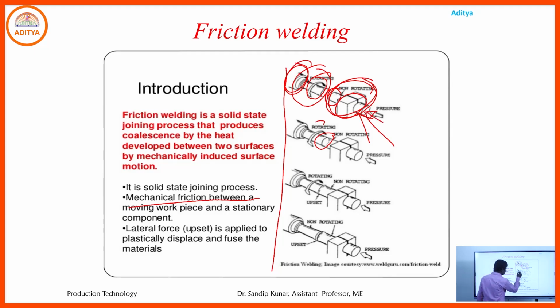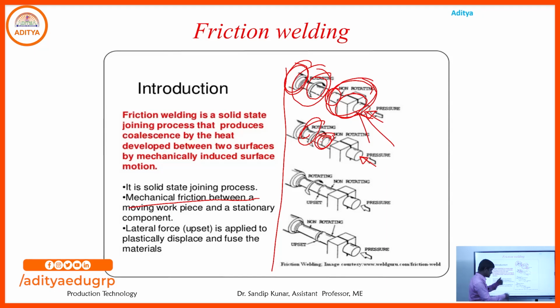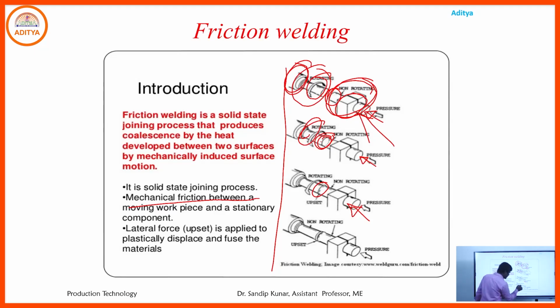Now what happens? Due to continuous rotation, the rotating part touches that particular zone, and from the other side we give the pressure. Mechanical friction occurs in that zone, and due to continuous friction, heat is generated and the zone is melted.